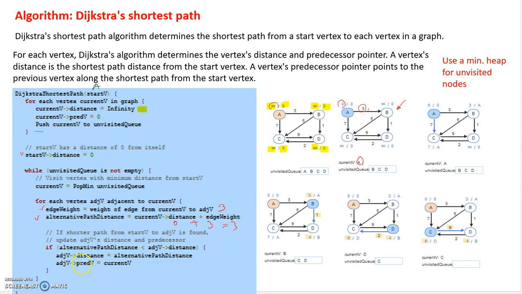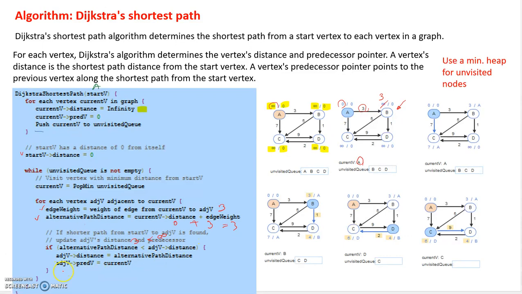And then you move on to this conditional statement. If this alternative path distance, which is 3, is less than the adjacent node B's distance, which is infinity, which is definitely the case, then you are going to set B's distance to this alternative distance, which will be 3.